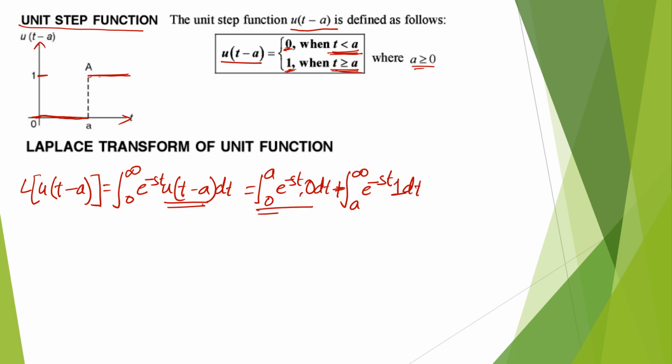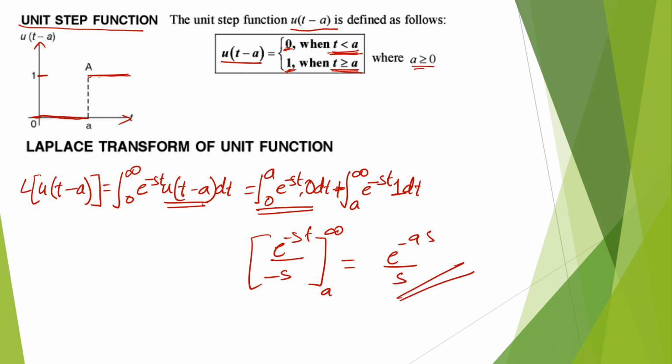The first integration is 0. The second integration is e to the power minus st over minus s for the limit a to infinity. For the upper limit it is 0, and for the lower limit the value is e to the power minus as upon s. So this is the Laplace transformation of the unit step function.